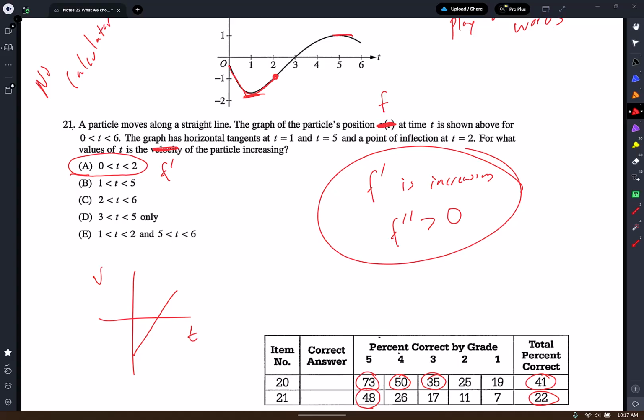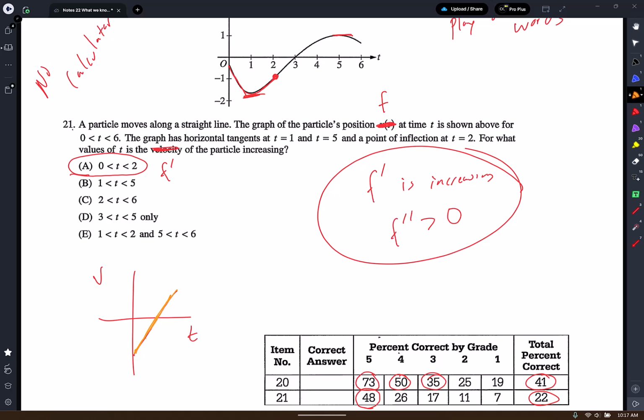In physics, you probably say, oh, velocity is decreasing because the speed is decreasing, but velocity is a vector. Is that curve not increasing? The velocity curve? So there it is, velocity is increasing, even though the speed is getting slower.